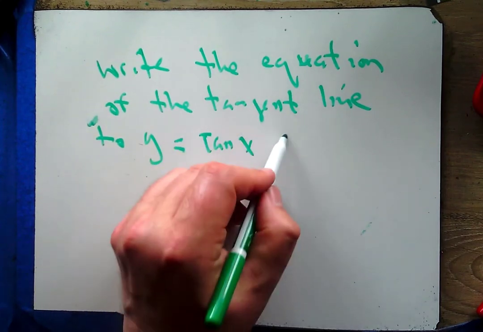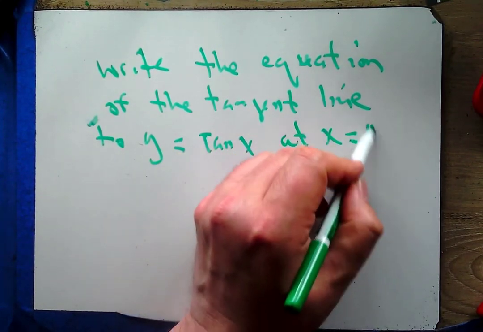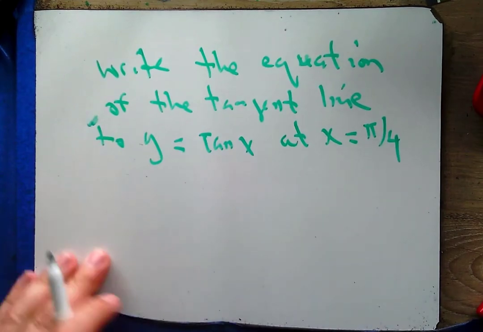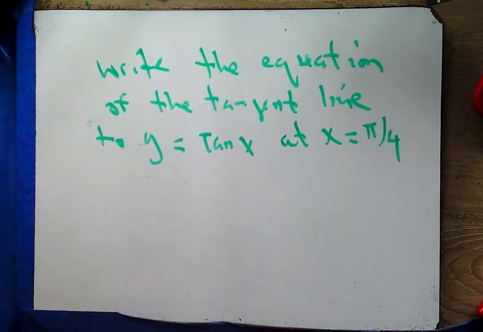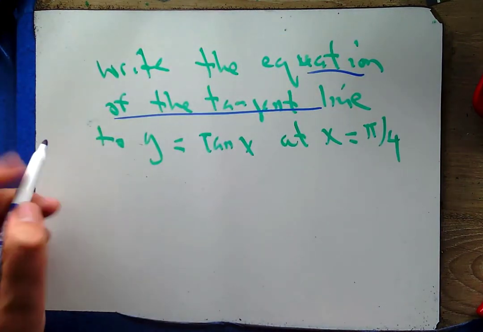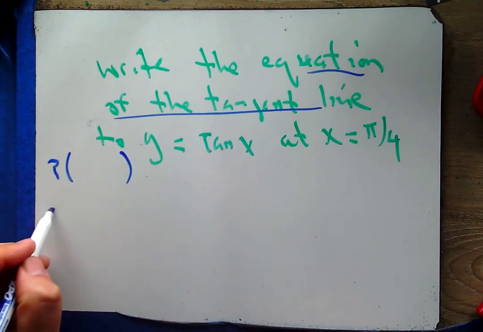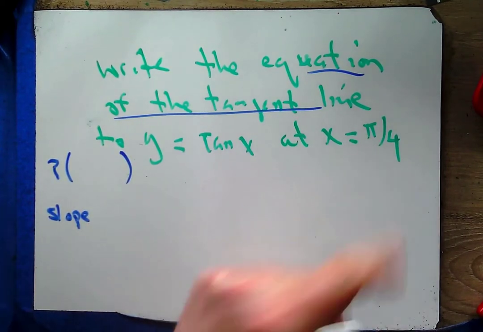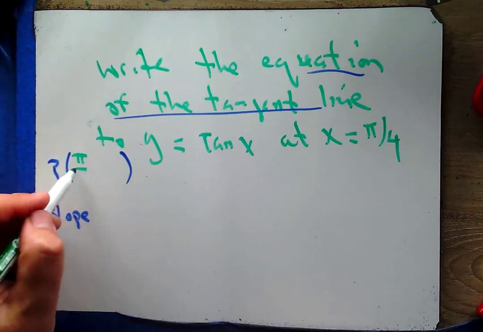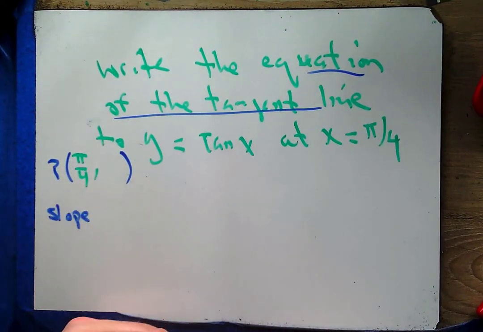At x equals pi over 4. Okay, so what information do you need in order to write the equation of the tangent line? You need a point and a slope. So we've got half a point here, pi over 4, but how do we find the other half?